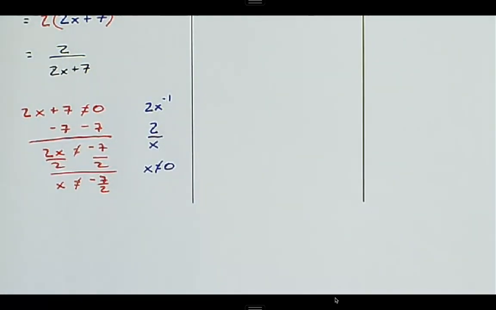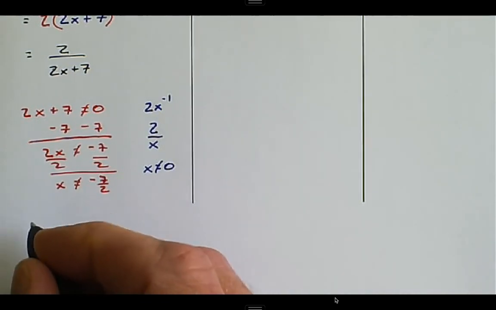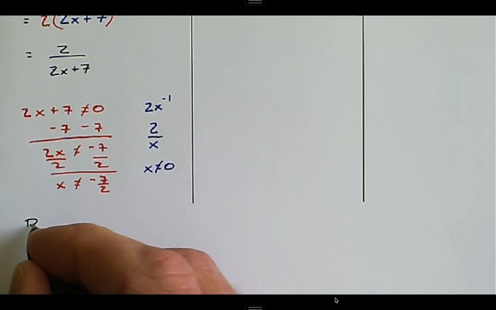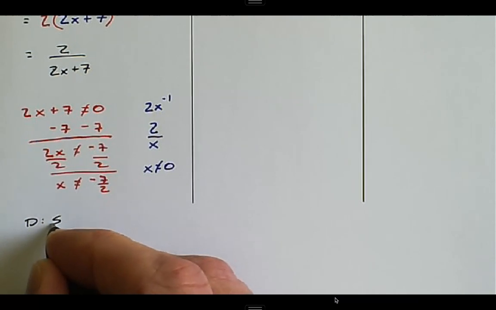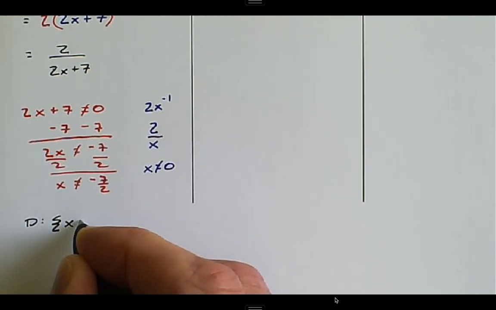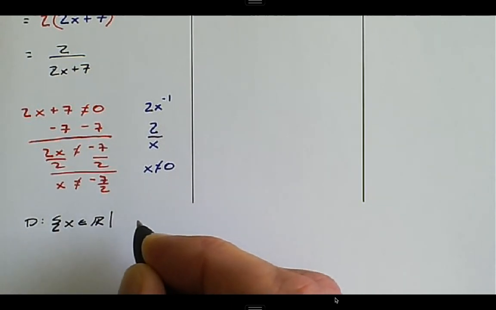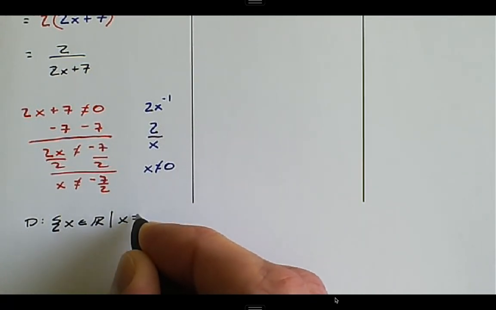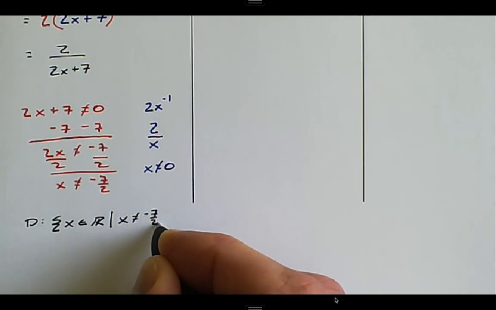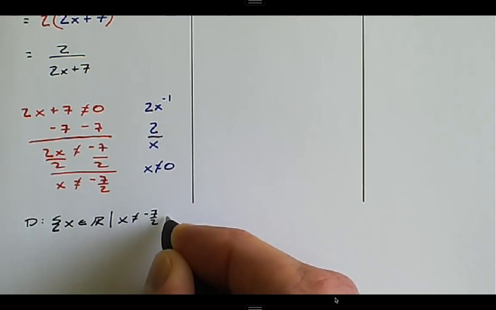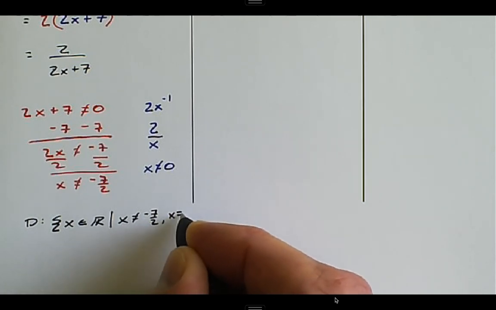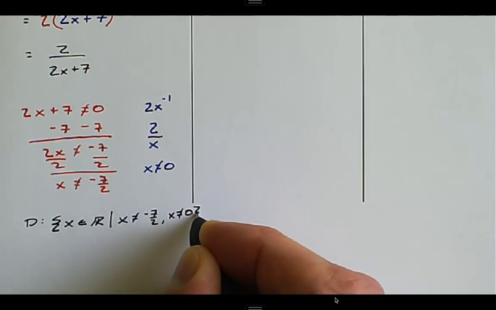So when we write our domain, we have to take those things into consideration. The domain is going to be the set of all values such that x belongs to the real numbers, such that x does not equal negative 7 over 2, and x does not equal 0.